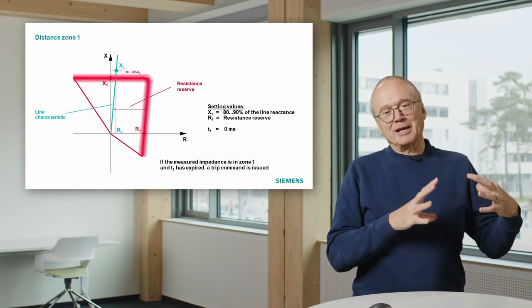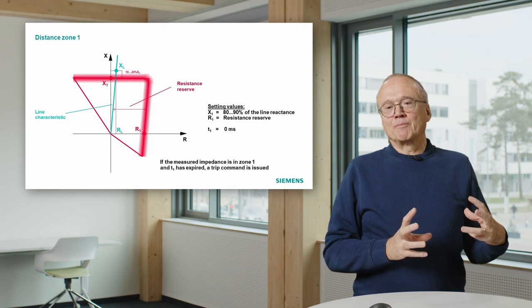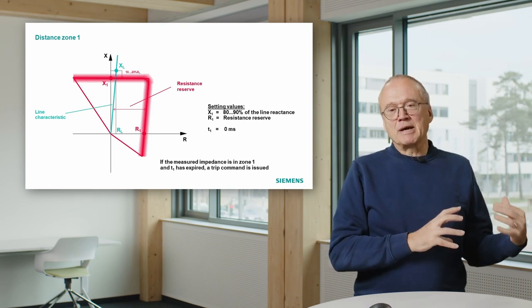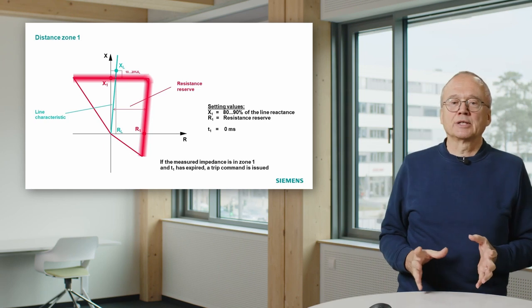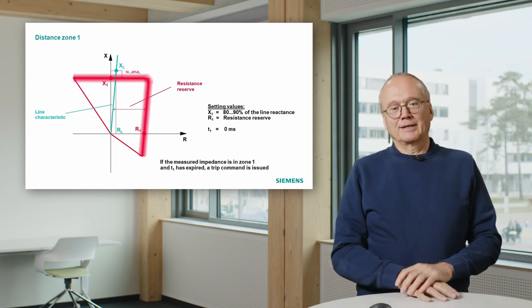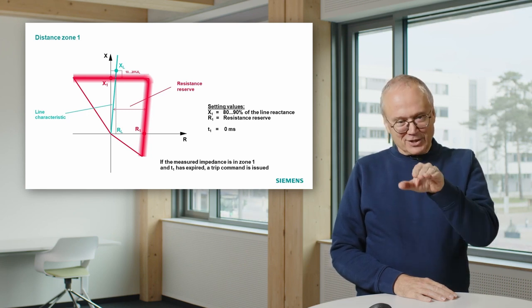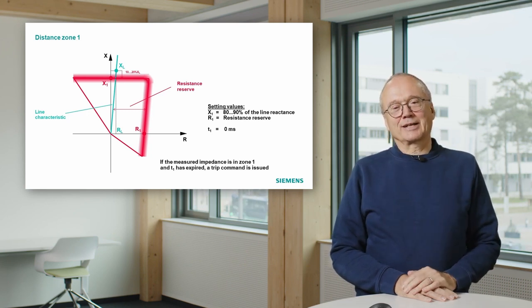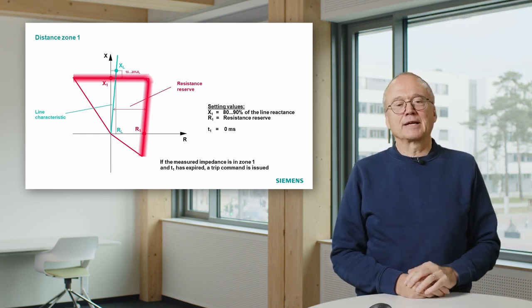Also there, like with the inverse time curve, it comes from traditional measurement technology. That means in the early days of distance protection, there were electromechanical devices, and having such rectangular or quadrilateral characteristics was not possible with electromechanical devices.